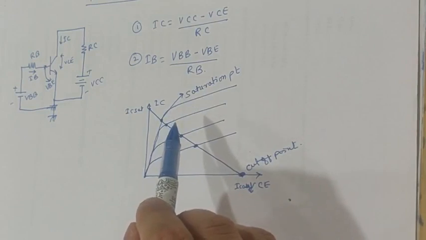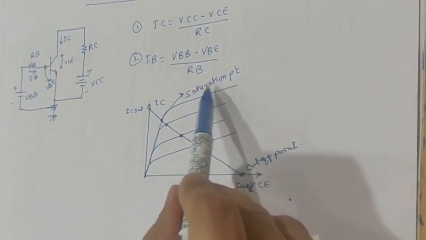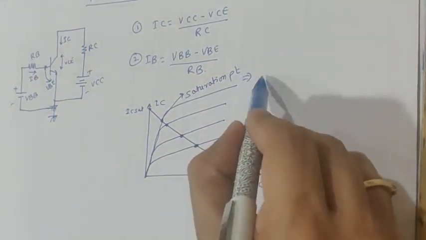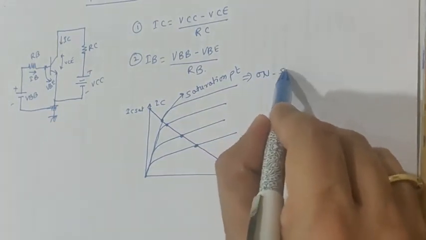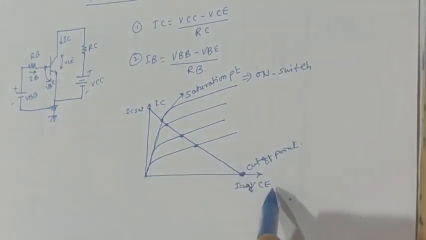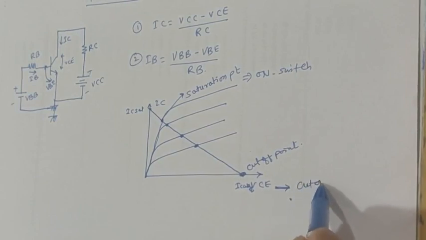Okay. Now in this particular thing, if your circuit is operating on saturation point, your circuit is going to operate as an on switch or closed switch. And in this particular point, the circuit is going to be acting as cutoff switch or off switch.